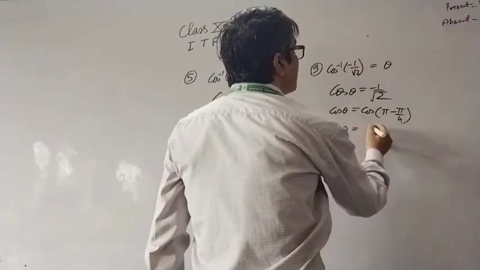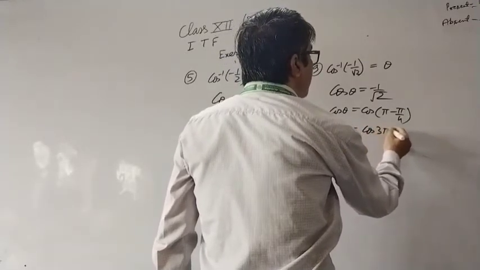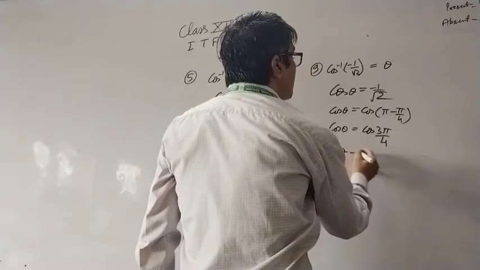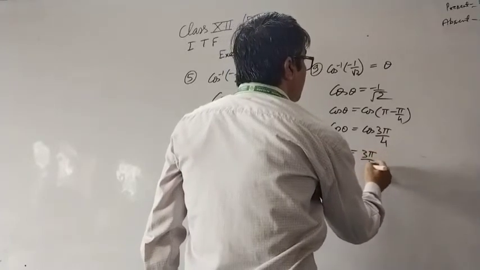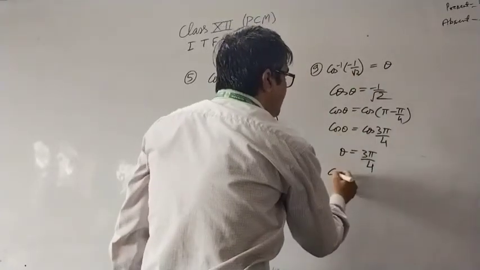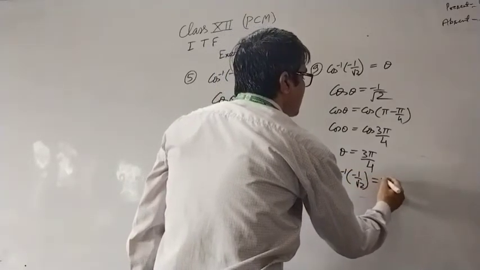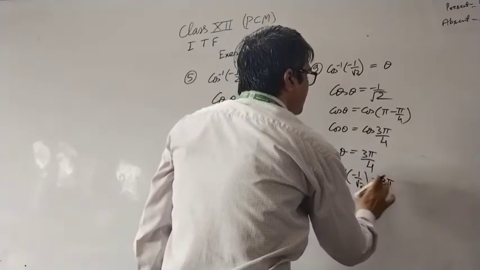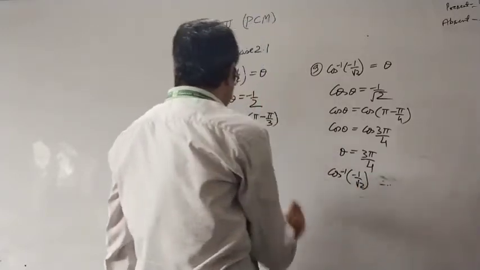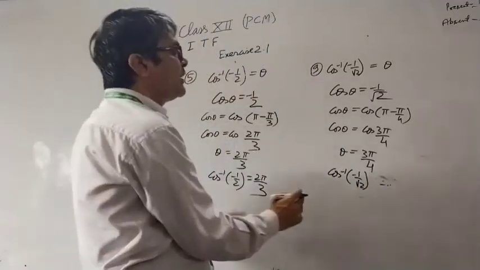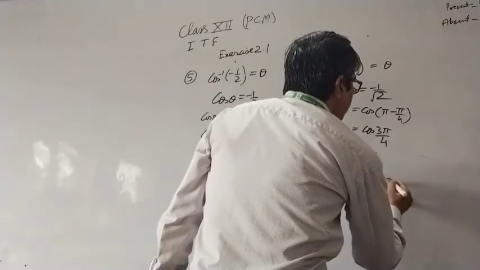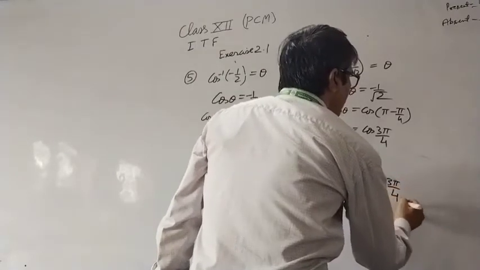Cos theta is equal to cos 3 pi by 4, so theta is equal to 3 pi by 4, and theta is cos inverse minus 1 by root 2. This is the principal value. You can write it 3 pi by 4. Any doubt?